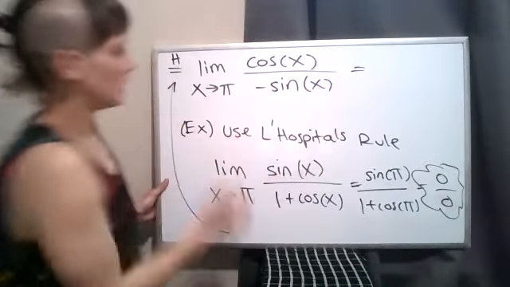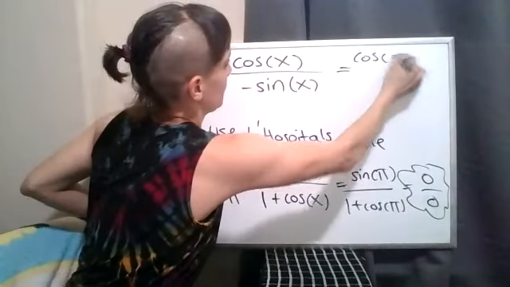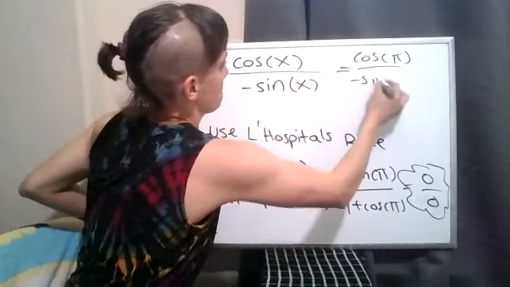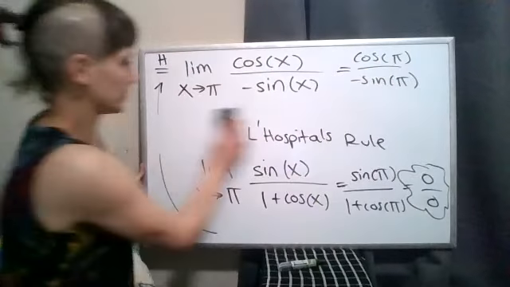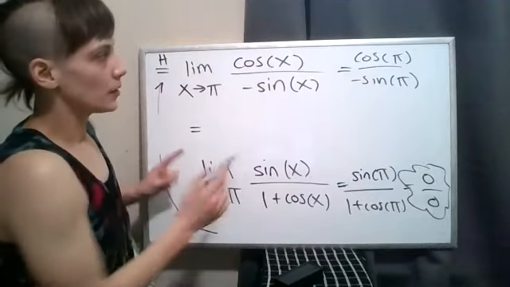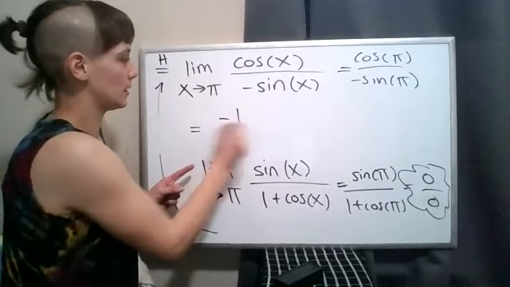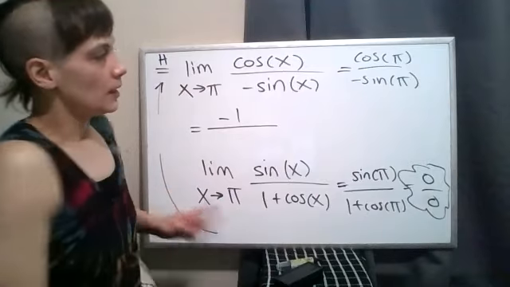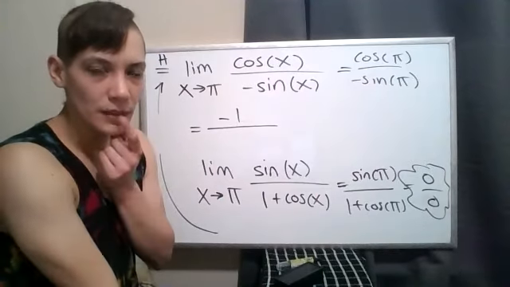Okay, let's try putting that value in. Cosine of pi, cosine of pi was -1. You got -1 over 0.